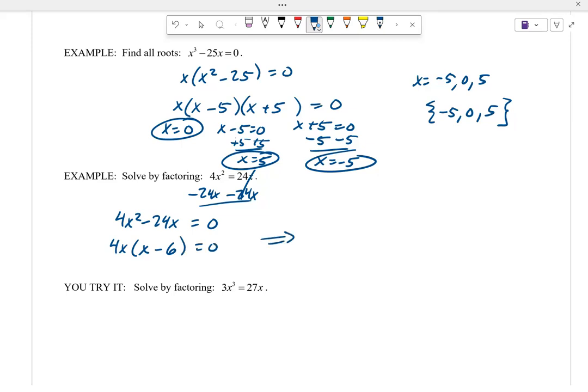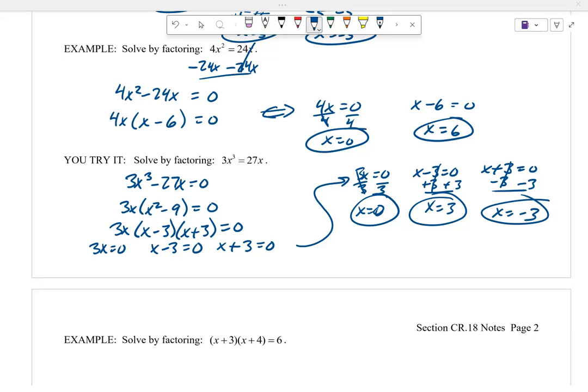And so then take each of those factors, set it equal to 0. So we got 0, add 6, and 6. 0 and 6. You guys go ahead and try that next one. All right, check yourself on that. You should have got negative 3, 0, and 3.